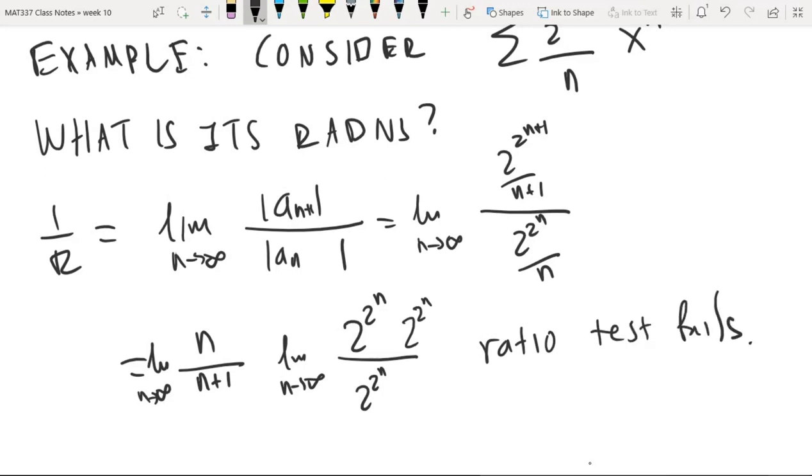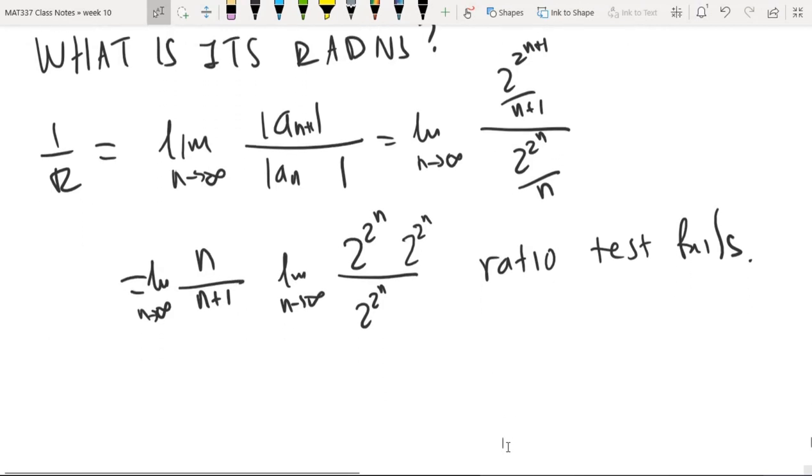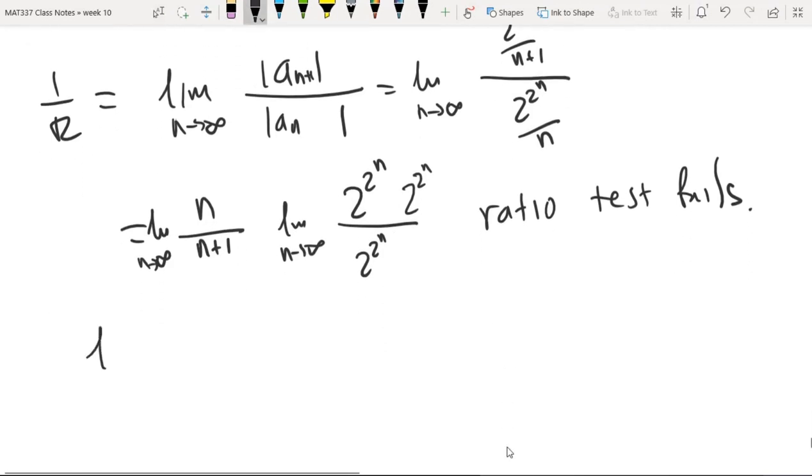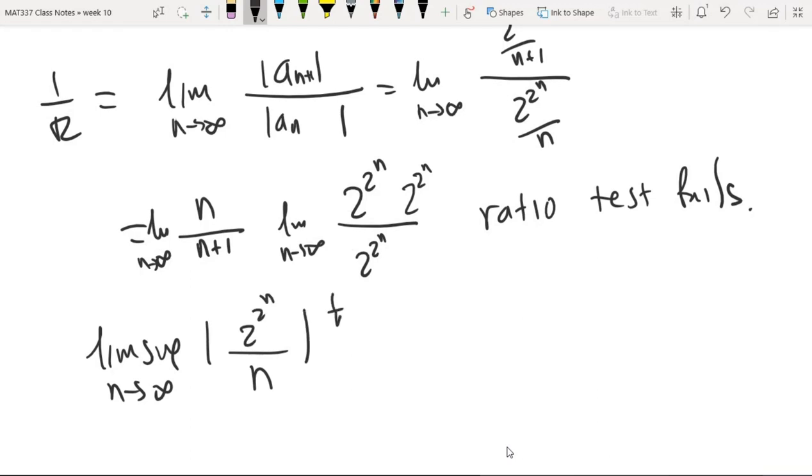So that's a good example. You cannot use the ratio test, so we have to use the lim sup. It's tricky. So we have n, and then 2 to the 2n, to the 1 over n. Again, this guy is irrelevant. And then here, I don't know what I'm doing.